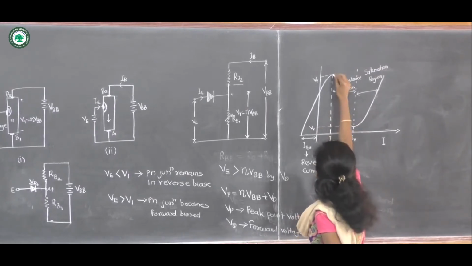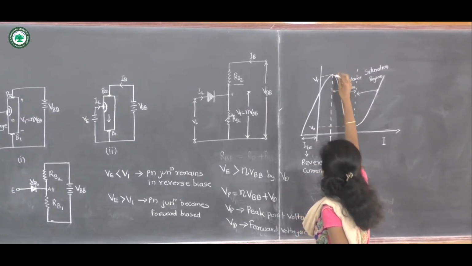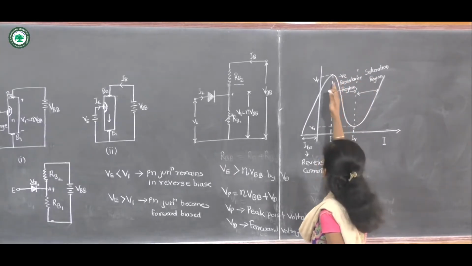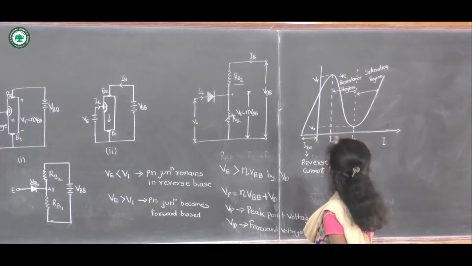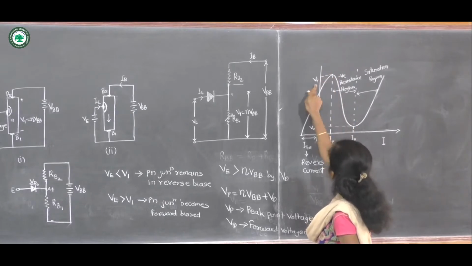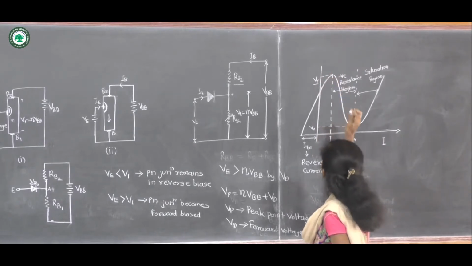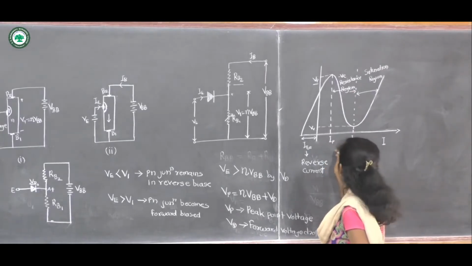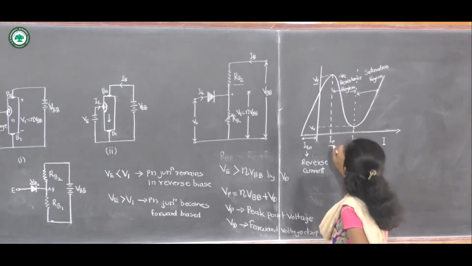This point, after which we observe decreasing voltage with increasing current, is called the peak point. The corresponding voltage is the peak point voltage, which is given by VP, and the corresponding current is the peak point current, IP.